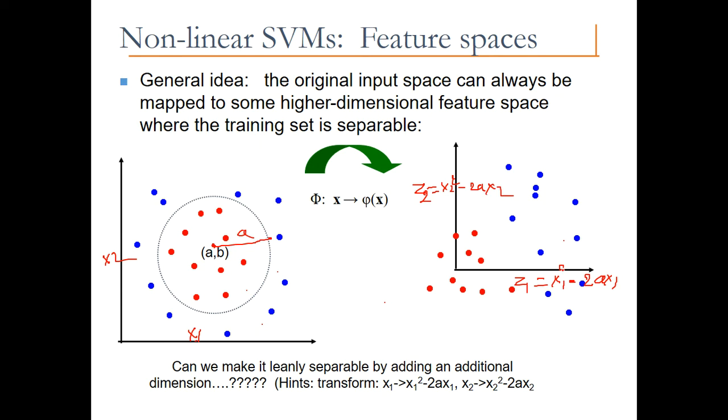Before doing this, you try to normalize the data between -1 to 1. Normalize the data, then you transform like this, then you will find that this can be separated by a line.